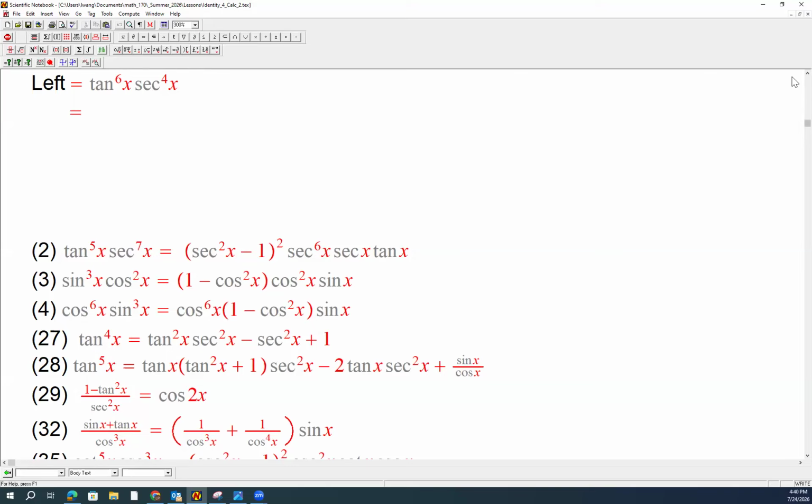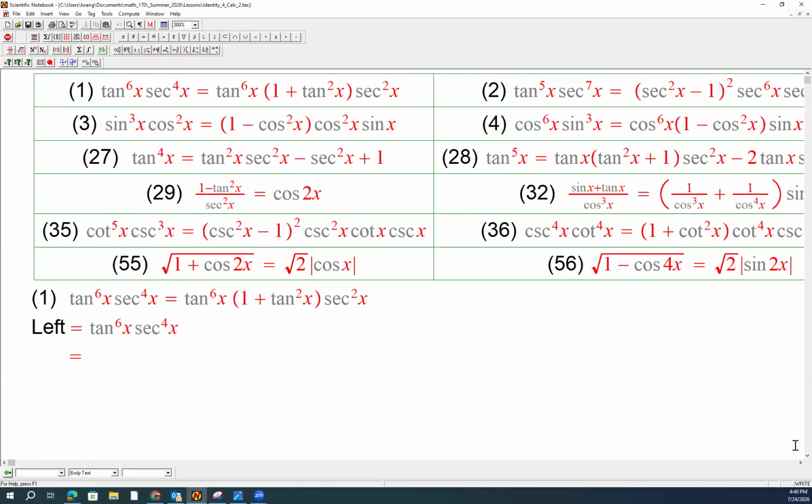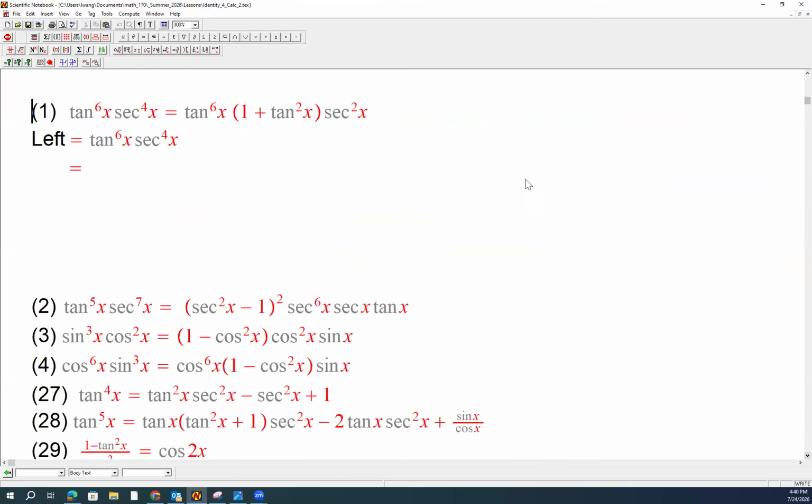For this question, knowing where we're going, we know that we're going to have secant to the power 2 at the end, with tangent to the power 6 unchanged. We're going to separate secant to the power 4 into secant squared multiplied by another secant squared.